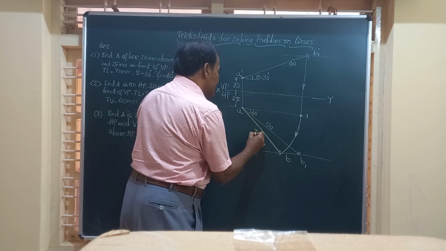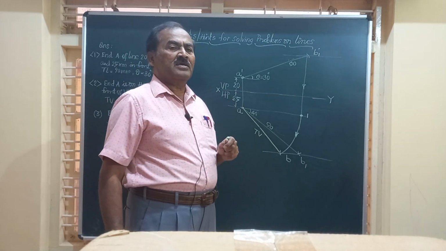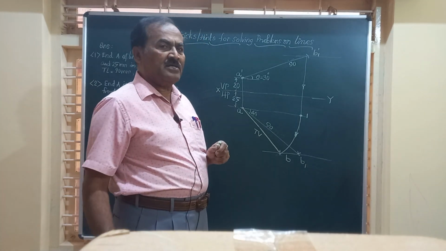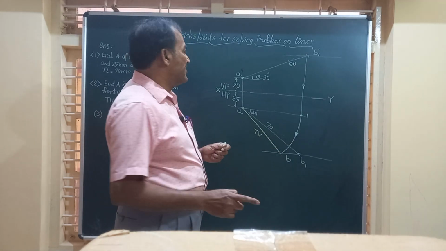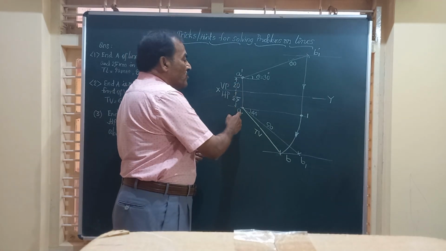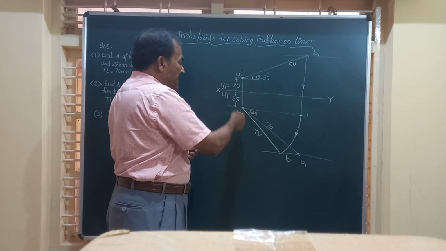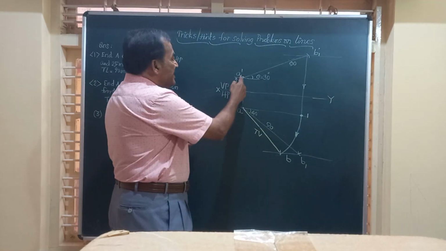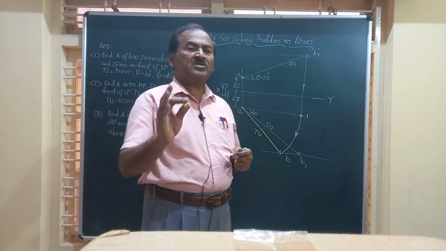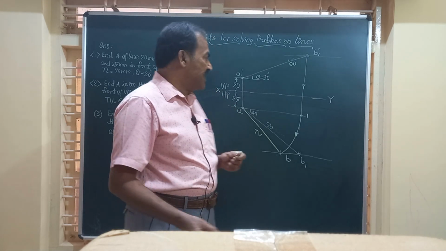I will simply mark it as PB, and this has to be shown by a visible line and a line of darker thickness. Friends, you know very well the front and top views of any point lie on the same line perpendicular to xy. Here, A dash A is one of the end projector of the line.